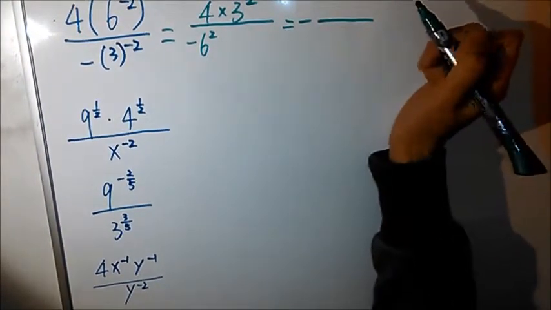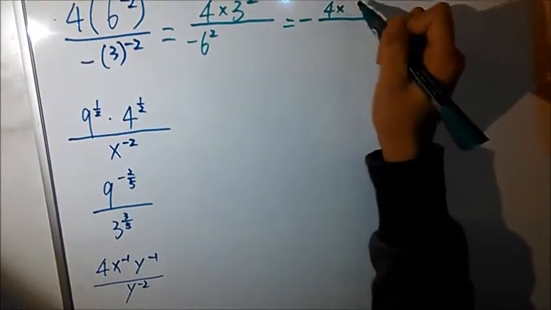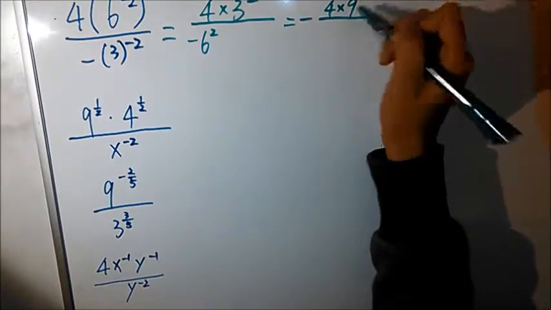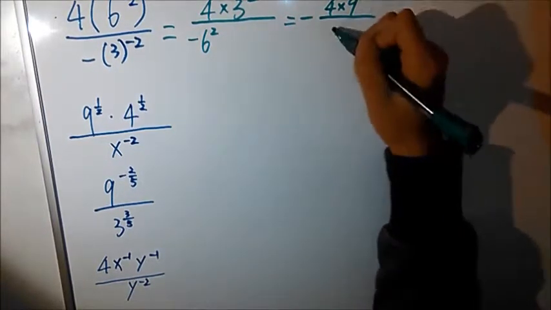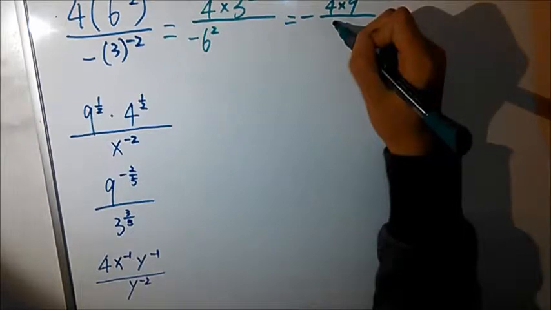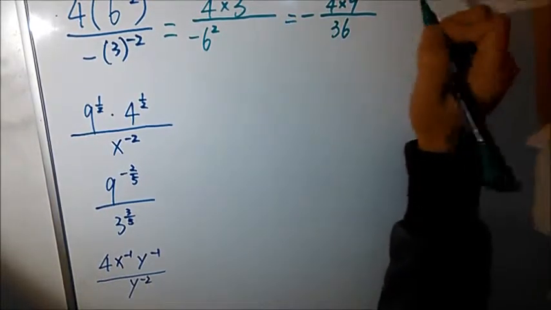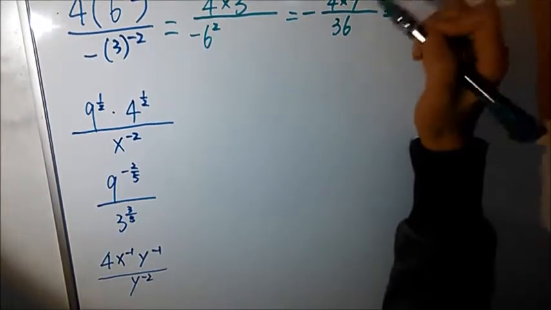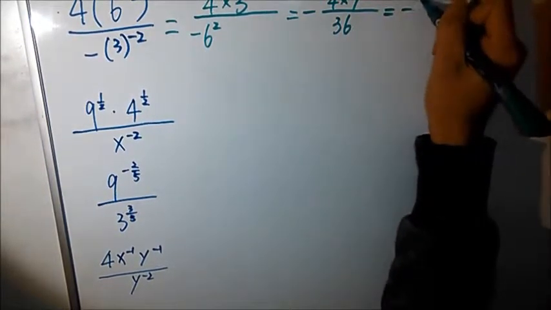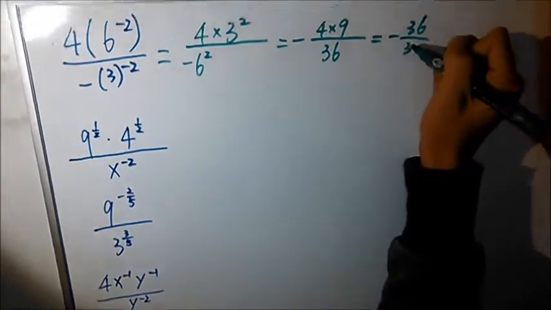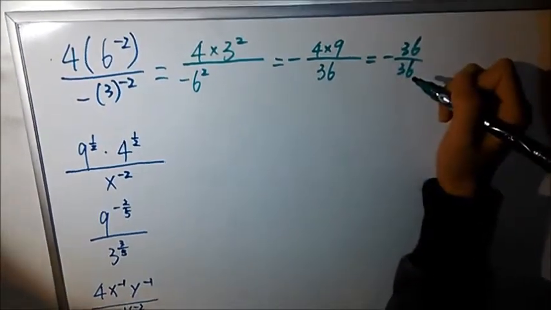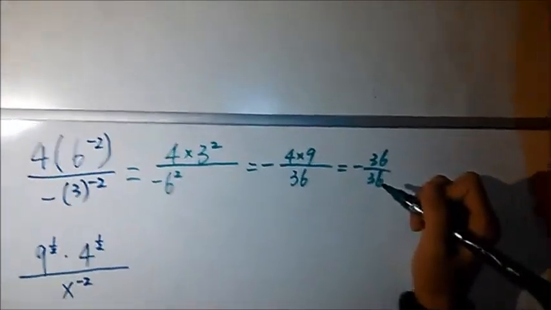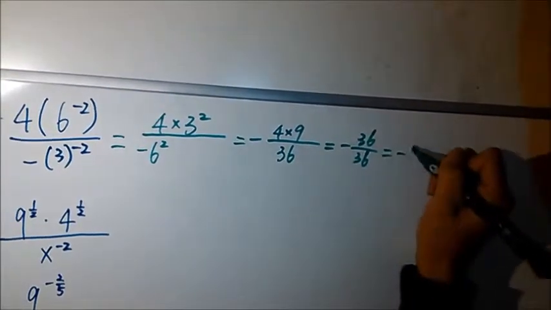So we have 4 times 3 squared. 3 squared is 9. Negative 6 squared is going to be negative 36. Good. And 9 times 4 is 36. So we're going to have negative 36 divided by 36. And it's going to be equal to negative 1.